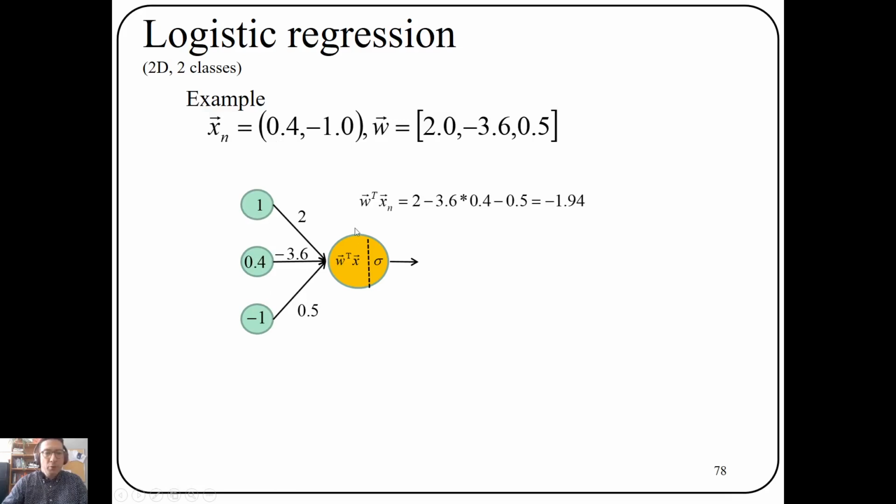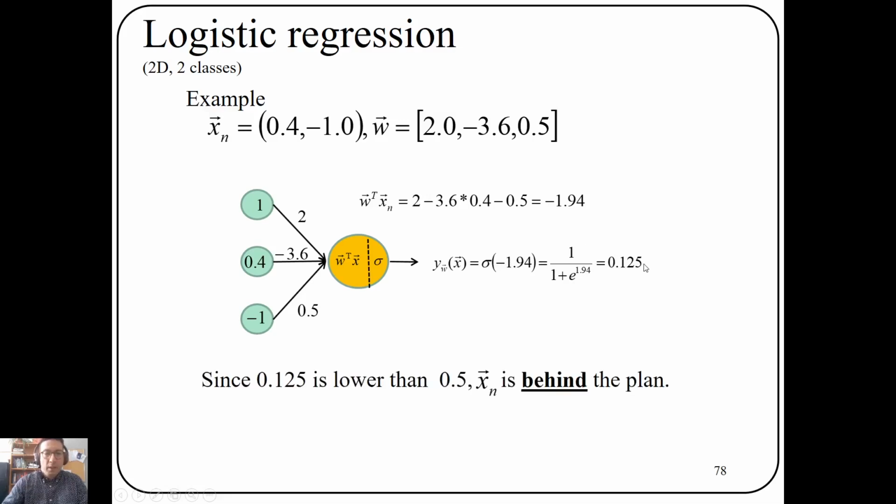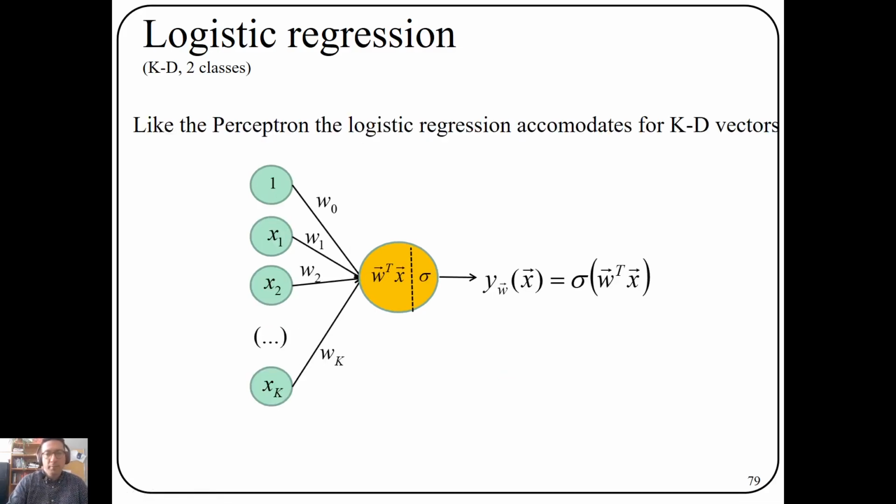So if you compute the dot product between those three values and these three values, that would give you minus 1.94, and the sigmoid of minus 1.94 is given by this equation here, which corresponds to 0.125. And since 0.125 is lower than 0.5, then we can conclude that xn is behind the plane. And so it is associated to the class behind the plane.